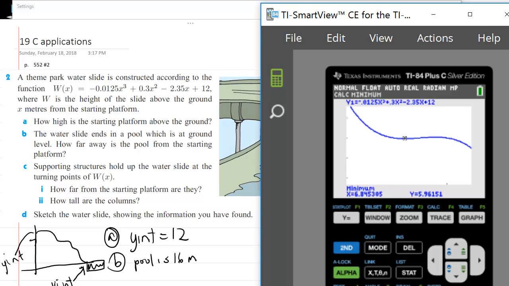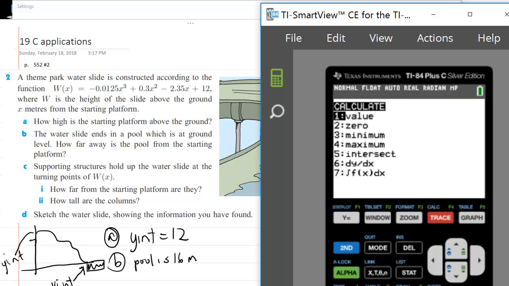6.85 and 5.96. So that means that it is 6.85 meters from the start in the horizontal direction, and it is 5.96 meters tall. And then you can repeat that to find the max. So second trace, and you want the max.